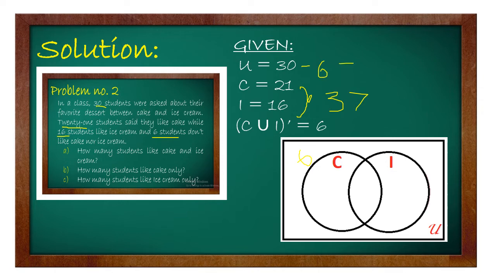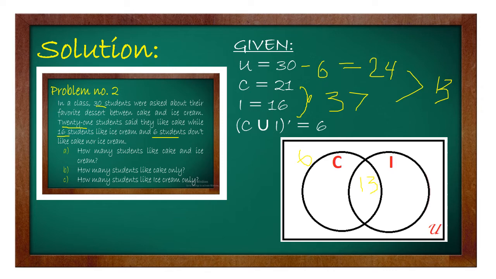At ang matitira na lang ay 24. So, ibig sabihin, dun natin kukunin yung difference ni 24 at saka ni 37. So, 37 minus 24 is equal to 13. Ibig sabihin, meron tayong 13 na nasa intersection ng set C at ng set I.